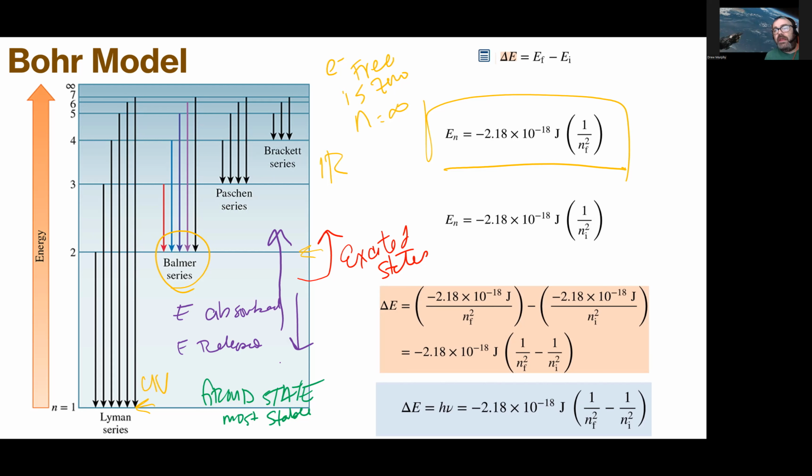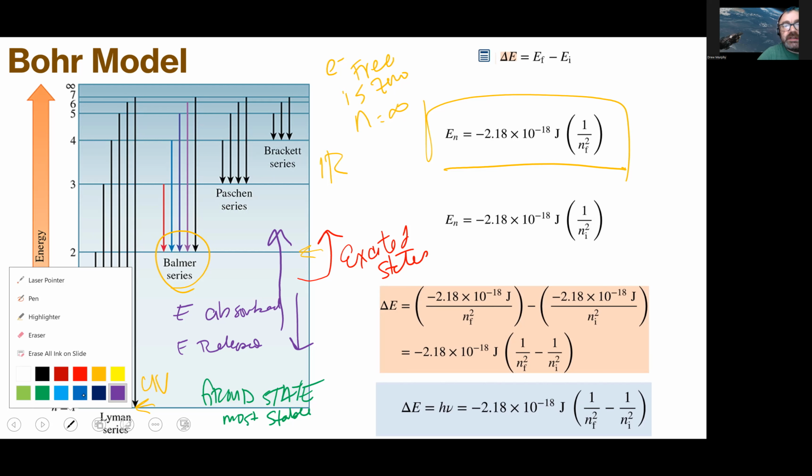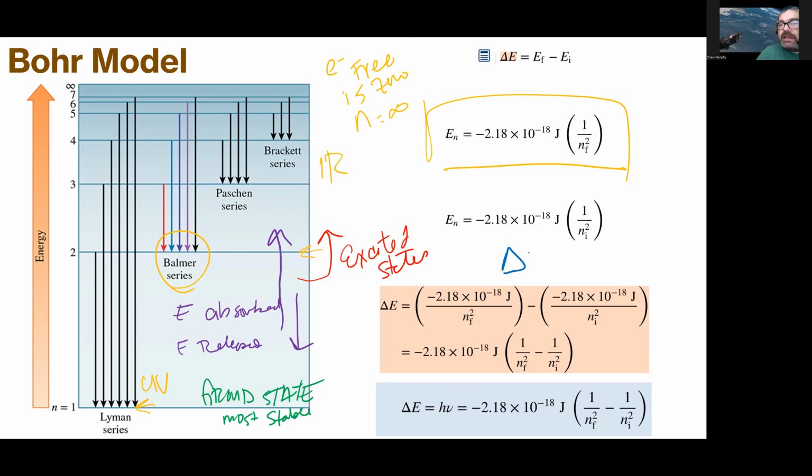And what he had said is that the change in energy is equal to the difference between the two levels. Where did you end up versus where did you start?